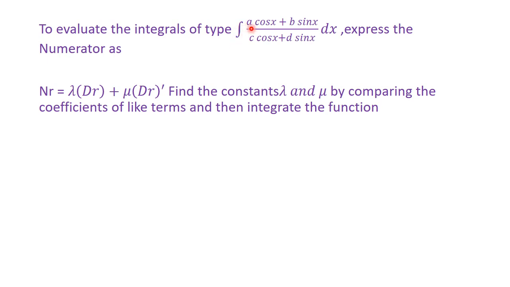So remember these special types of integrals: a cos x plus b sin x upon c cos x plus d sin x. Remember how to integrate them. Numerator is equal to lambda into denominator plus mu into derivative of denominator. Find lambda and mu by comparing the terms, and by back substitution you will have the required integral.